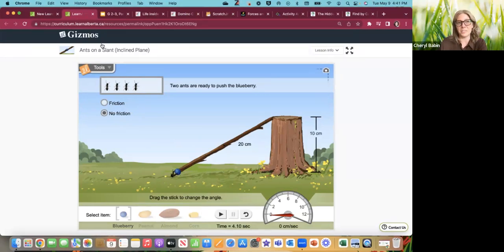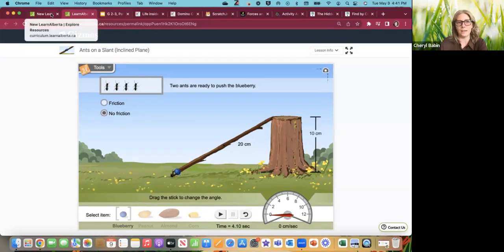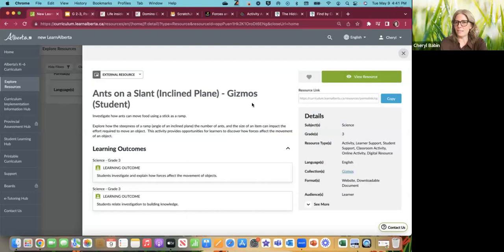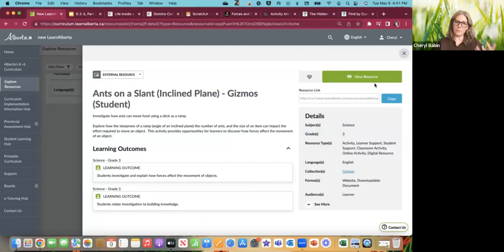So it's called Gizmos, and it's another way that you can activate some of the learning experiences and get kids involved. Now, I think it would be most interesting to set up an inclined plane in your classroom and try to have them actually working with those materials in a hands-on way, but also then referencing it on this resource so that they can see both from that scientific perspective as well as what it feels like to move with that kind of friction and move it up like that.